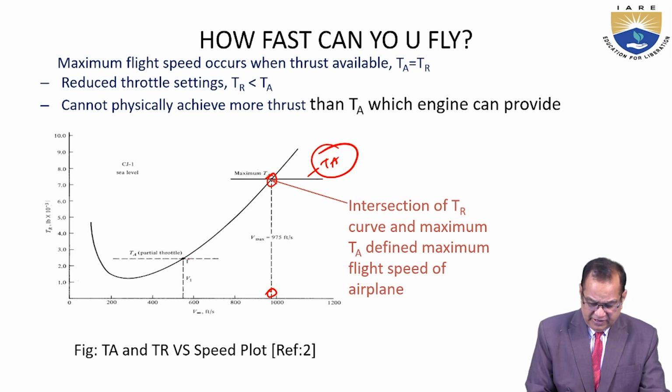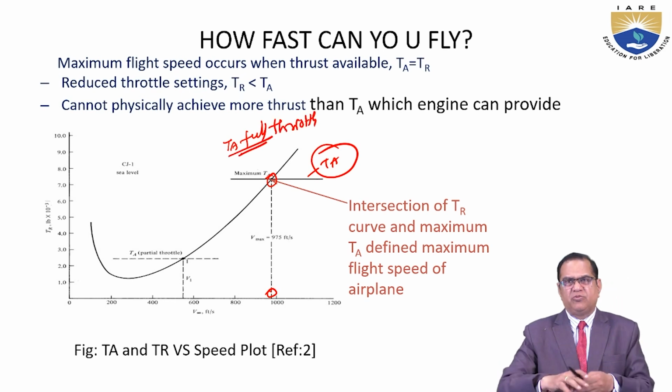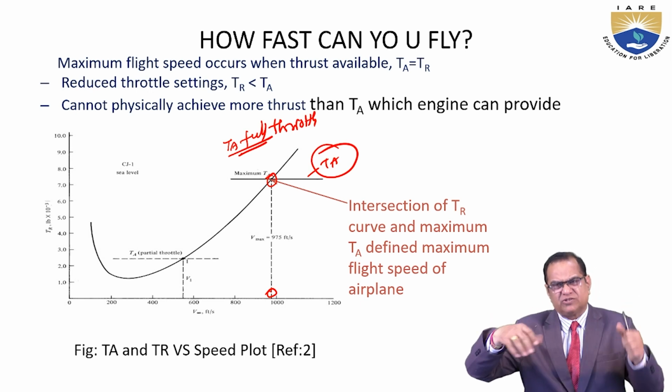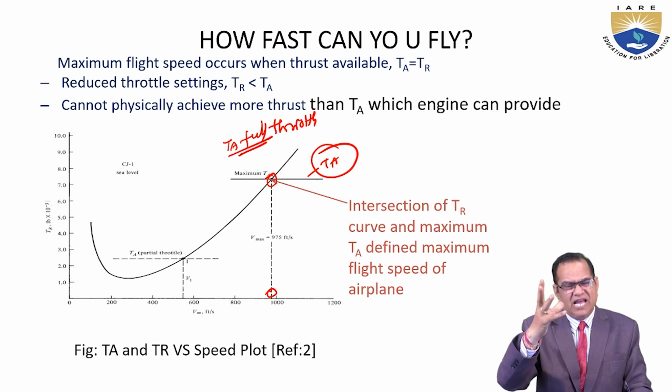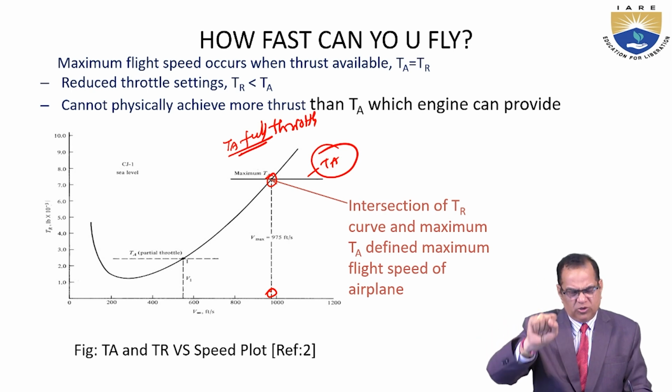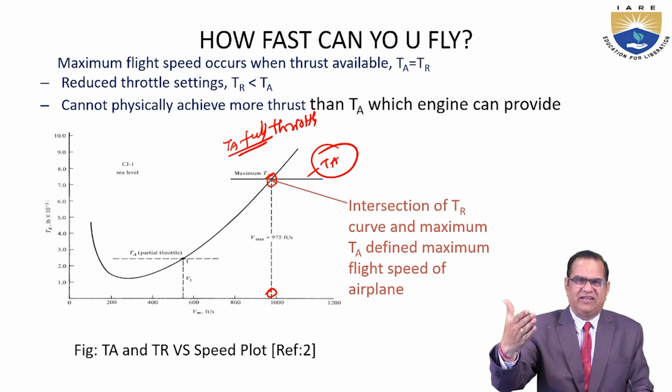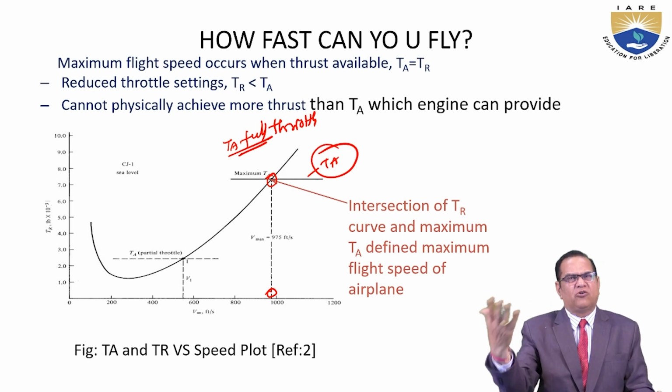If you see here, TA is partial, and here TA is full, meaning full throttle is given. Like your bike, if you give full accelerator, it goes, but how much can you give? It cannot go 200. As per the design, if you give full throttle, it may give 80, 90, 100 kilometers per hour, but after full throttle, it cannot go beyond.